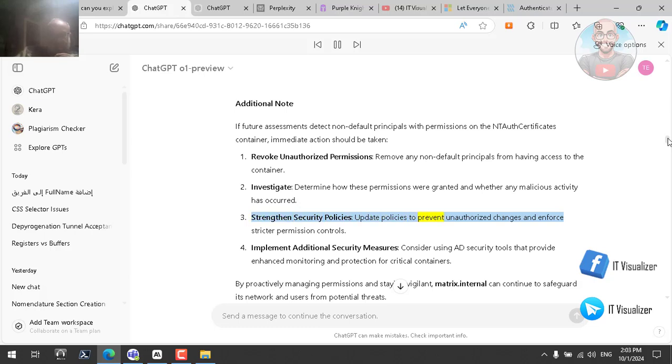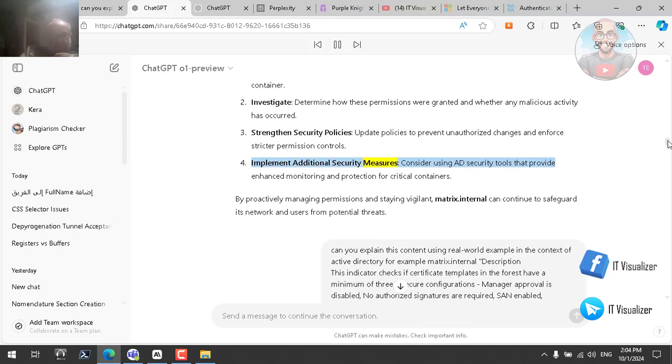Update policies to prevent unauthorized changes and enforce stricter permission controls. Implement additional security measures. Consider using AD security tools that provide enhanced monitoring and protection for critical containers. By proactively managing permissions and staying vigilant, matrix.internal can continue to safeguard its network and users from potential threats.